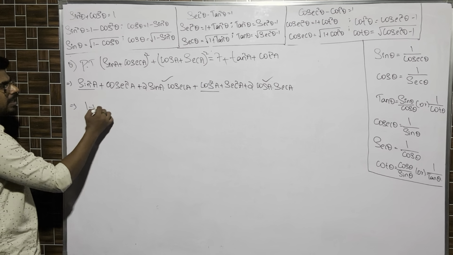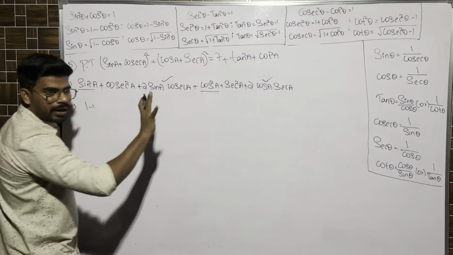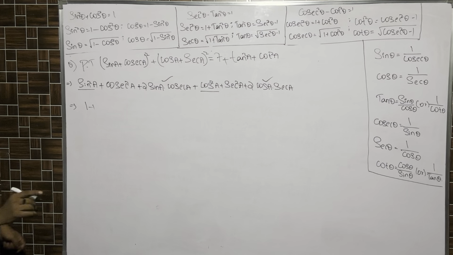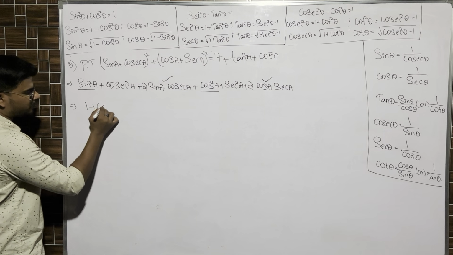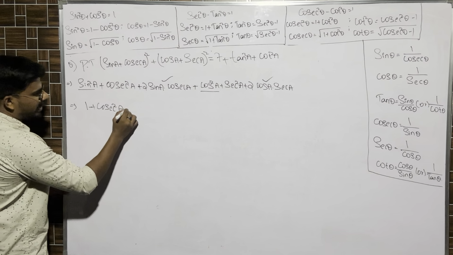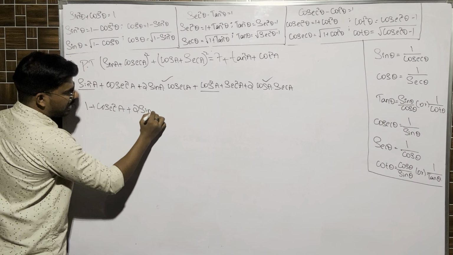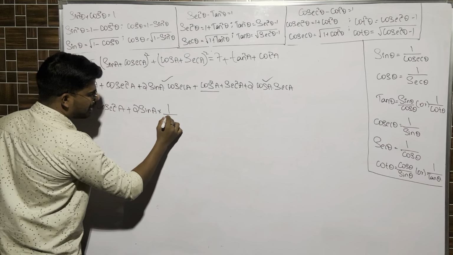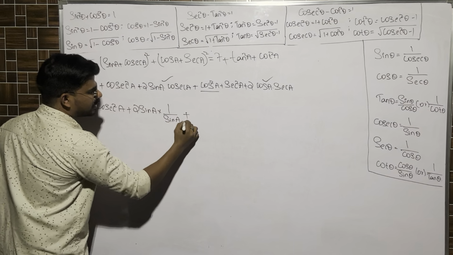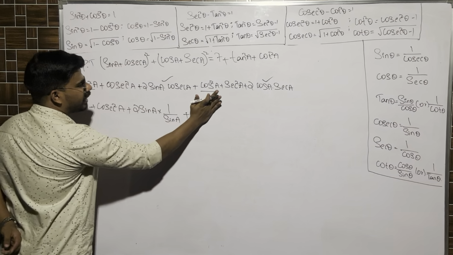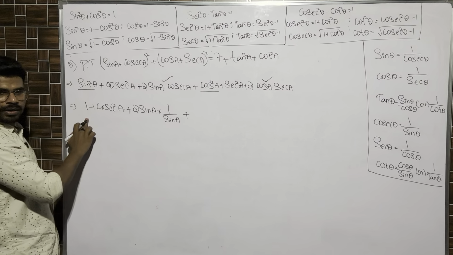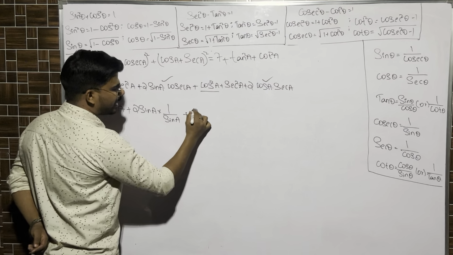Here, this cosecant square and this secant square I am not changing as of now. Keep them as they are. Cosecant square A plus 2 sin A into cosecant A, written as 1 by sin A. Cos square we have already completed, since sin square plus cos square is 1. Secant square I will write as it is.